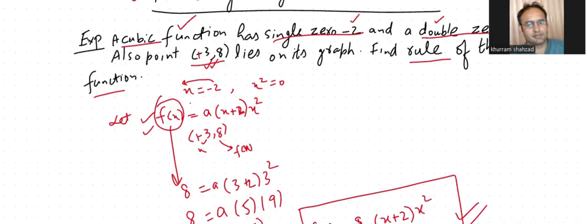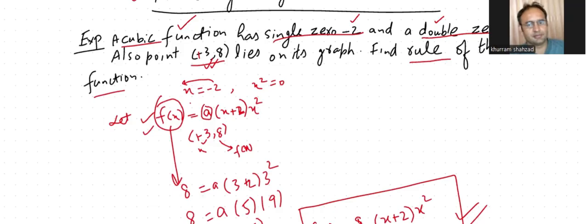So x square is equal to 0 and x is equal to negative 2. So we have taken this function f of x, and we can write a times, where a is any unknown constant, because we don't know the coefficient in this function. So we have to substitute here a, so x plus 2 and x square.